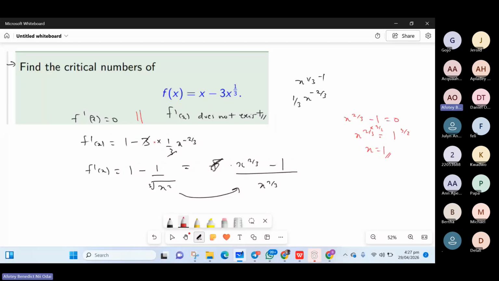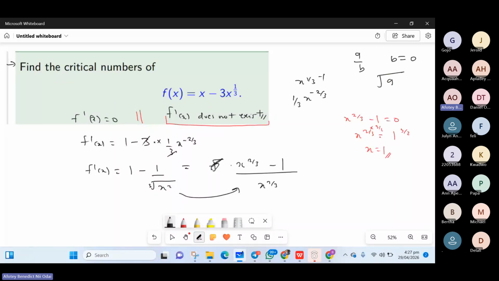Now the second part, the values that make f undefined. This is why I'm solving this question, because a lot of people leave out the value of x that makes it undefined. So this differential here is undefined when the denominator is equal to 0, because it's a fraction. And we know that for every fraction a on b, it's undefined when b is equal to 0.